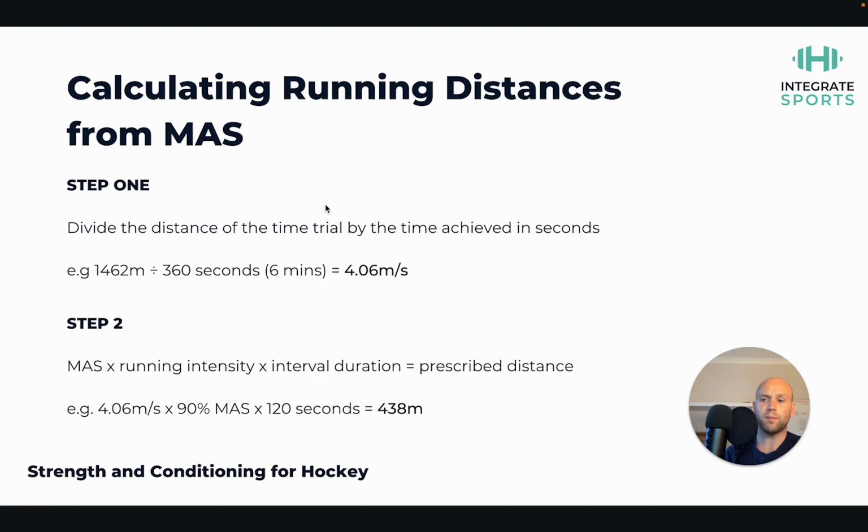Step 2, then, very simply, take the MAS score in meters per second, multiply it by the running intensity that you wish to run at, and then multiply it by the interval duration, and that will give you your prescribed distance. So, for example, taking this score times 90% of MAS. Within Complete Hockey Conditioning, within the calculators, there's a whole range of different prescriptions that you can use that are relevant to the duration of the interval.